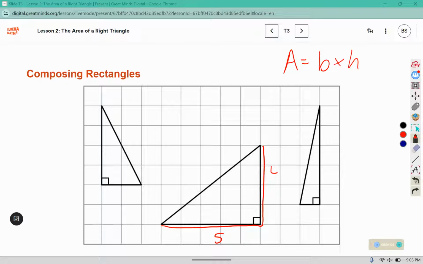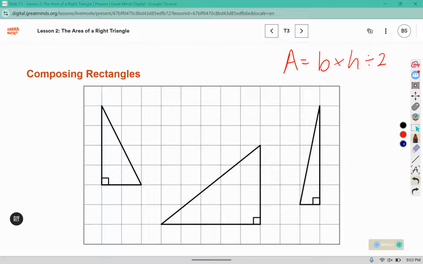It's making a triangle. So how would we have to modify that formula to think about how the triangle is formed? We would need to split it in half.